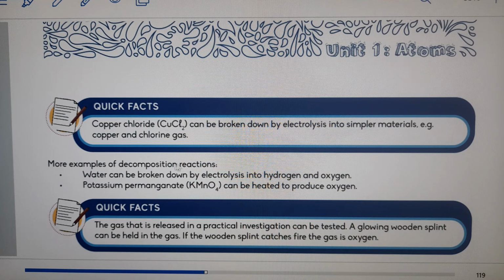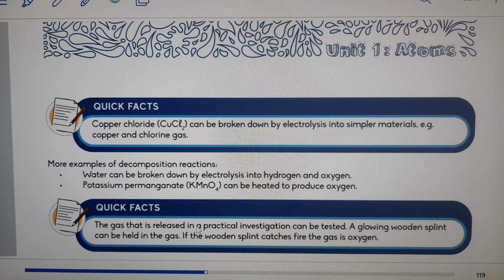More examples of decomposition reactions: water can be broken down by electrolysis into hydrogen and oxygen. Potassium permanganate, which is KMnO4, is 1 potassium atom, 1 manganese atom, and 4 oxygen atoms, and can be heated to produce oxygen.